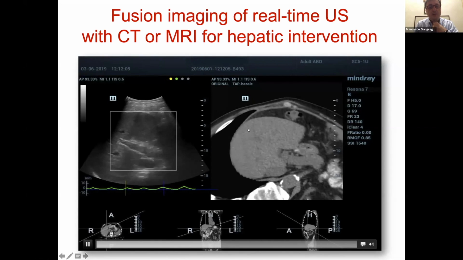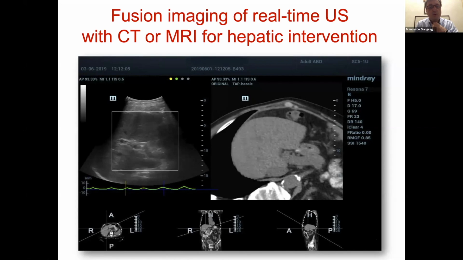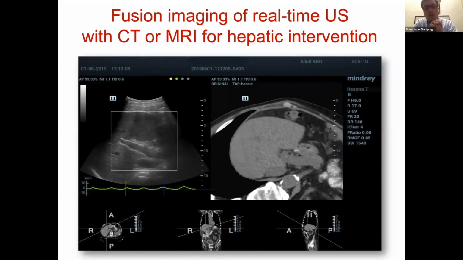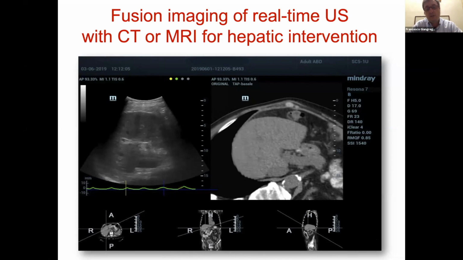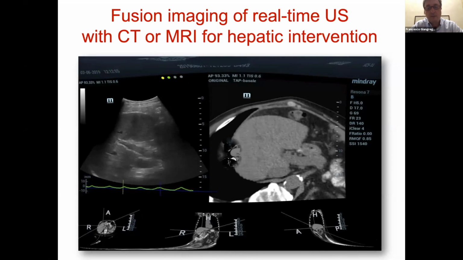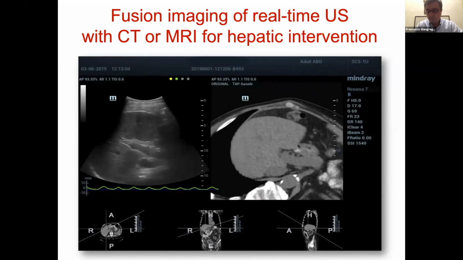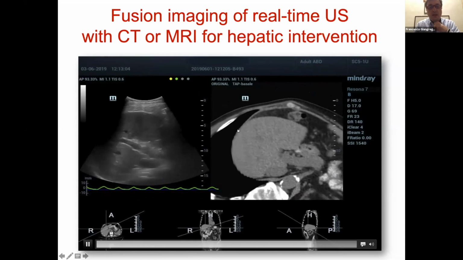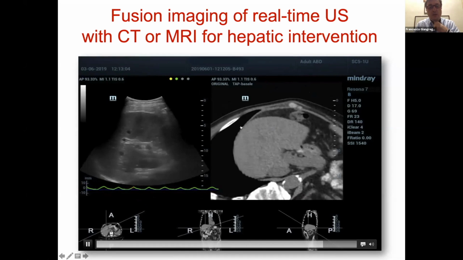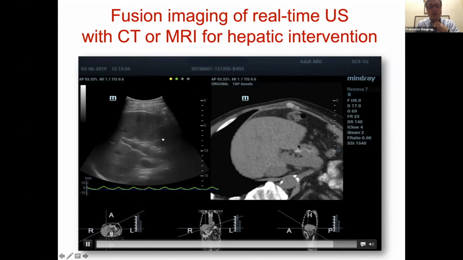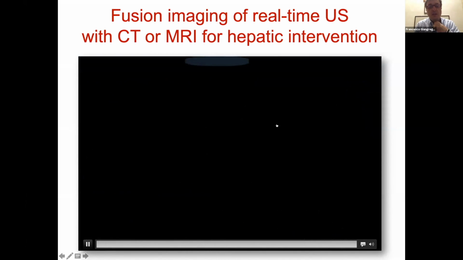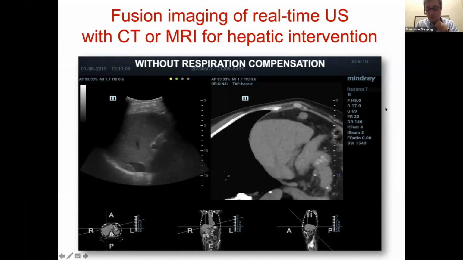But with this new technology, we are able to move in real time the image of spiral CT, in this case of MRI, or of other methods. In this way, we can use ultrasound and the other images for intervention purposes in a better way.